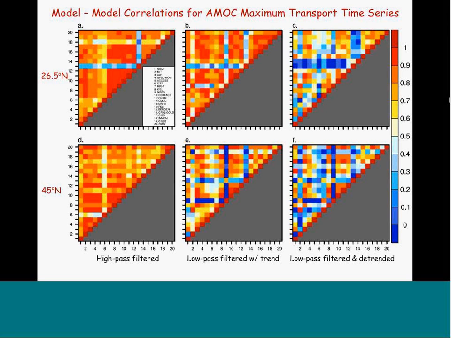I don't want to get into detail, but it has problems. Then the remaining panels show low pass filtered with trend and low pass filtered and detrended. This indicates that at these frequencies, buoyancy forcing becomes important, and it feeds into how the models form their deep water formation. You can see more discrepancy in the low frequency variability among the models, and it also indicates that most of the agreement among the models comes from the representation of the trend.